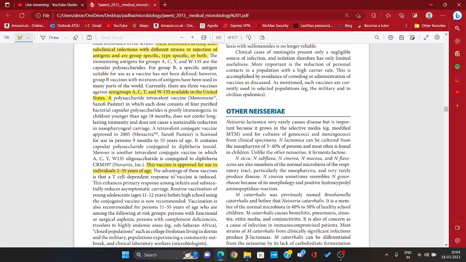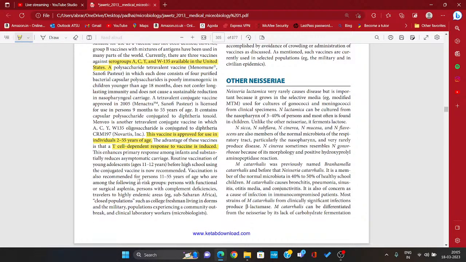The advantage of this vaccine is that a T cell dependent response to the vaccine is induced. So this enhances the primary response among infants and substantially reduces asymptomatic carriage.